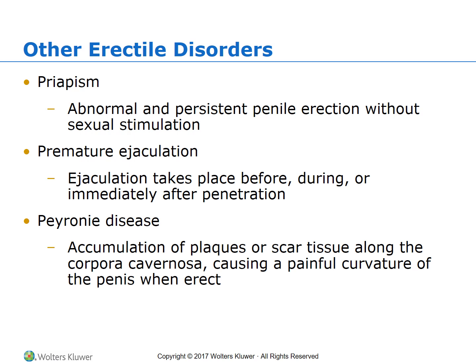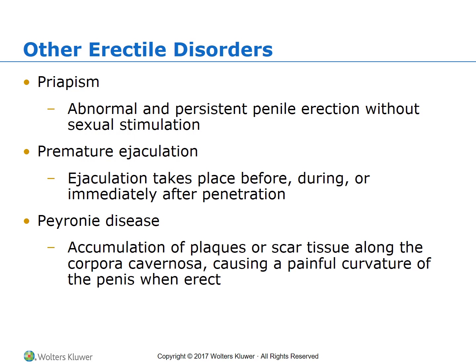The meds are serotonin receptor inhibitors. And Peyronie disease is an accumulation of plaques or scar tissue among the corpora cavernosa, causing a painful curvature of the penis when erect. It is idiopathic and benign. How they treat it is with oral meds, vitamin E, NSAIDs.